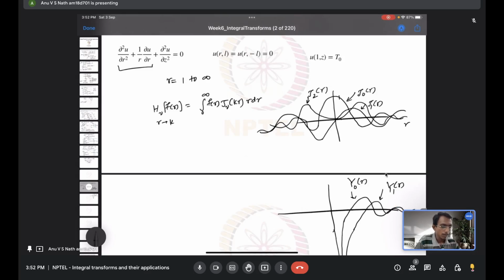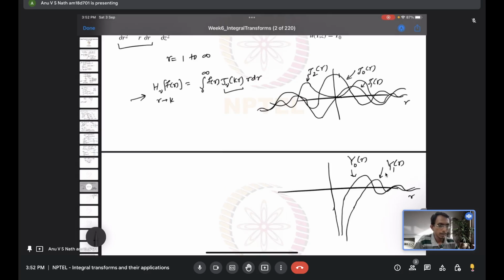Every second order differential equation will have two independent solutions. Now a kernel, so here you see in the normal Hankel transform, the kernel is actually j nu kr, where y doesn't appear because y is anyway singular at the location 0. But when we want the integral to be from 1 to infinity, let's say in a finite domain, we don't want 0 to be included, we need to eliminate some region 0 to 1 or something.